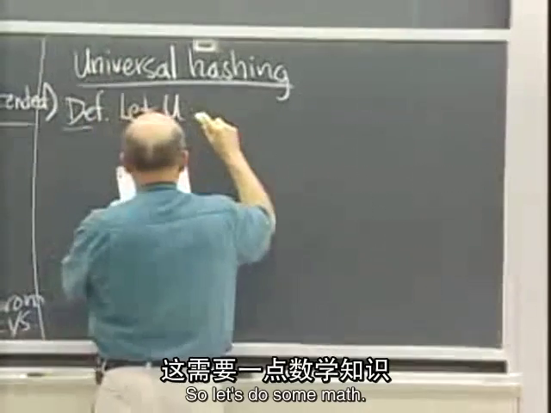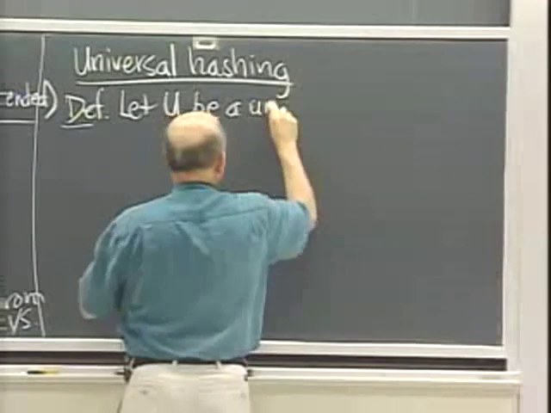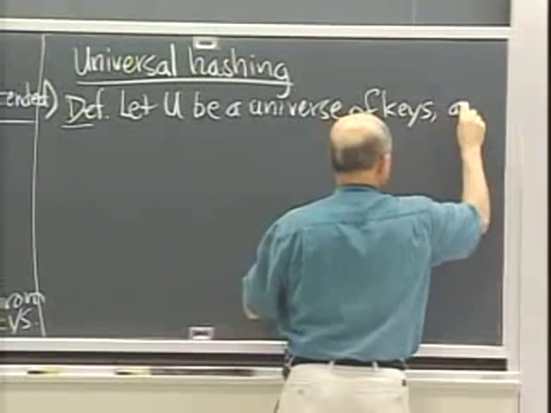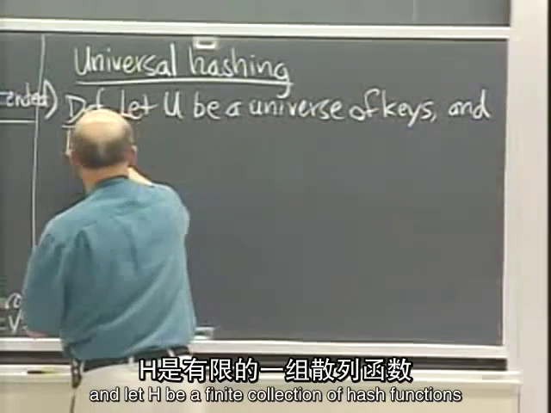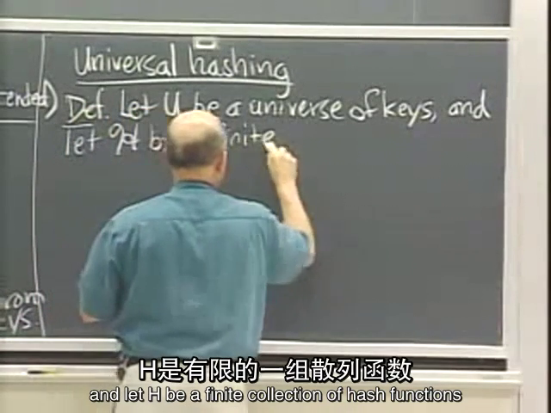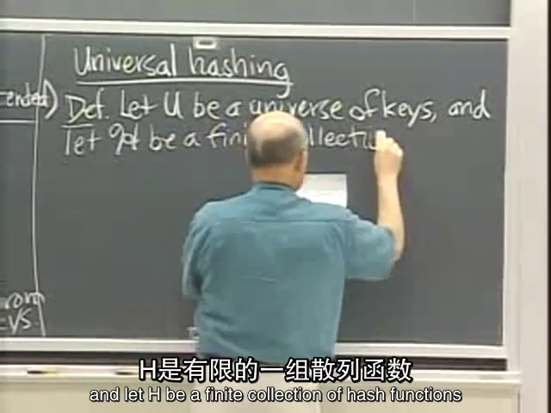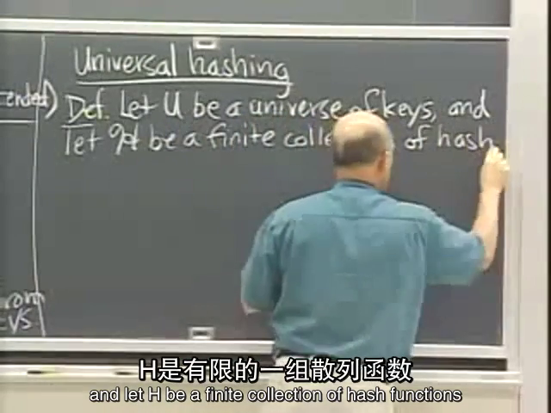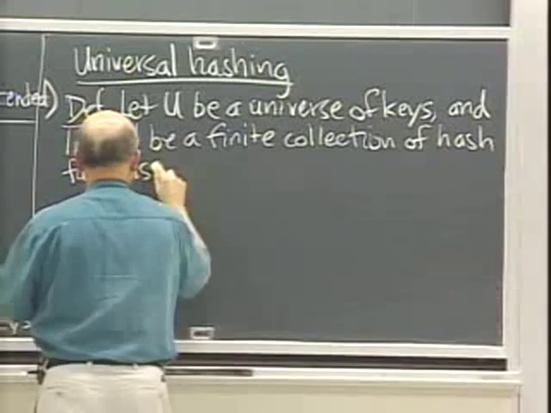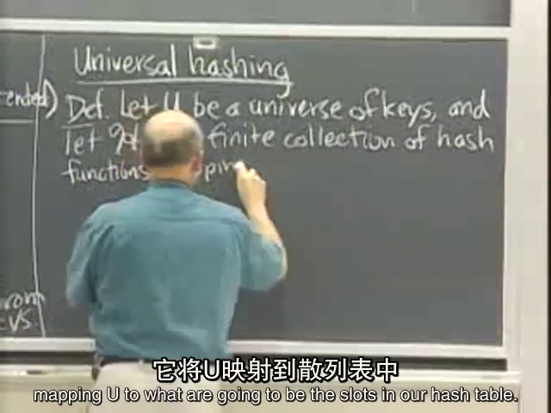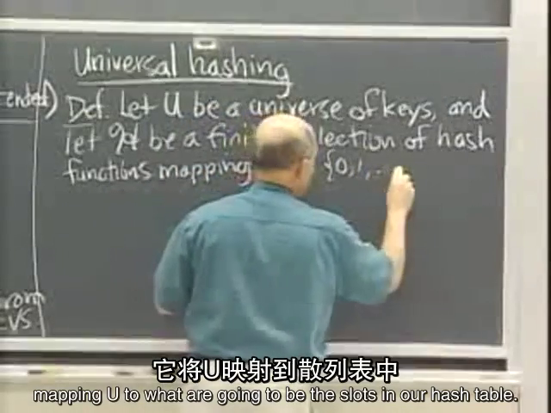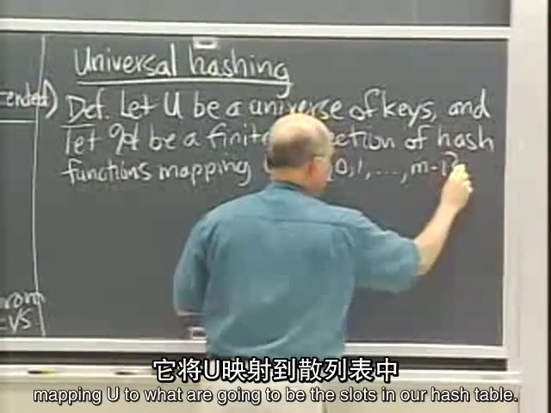So let's do some math. Let U be a universe of keys, and let H be a finite collection of hash functions mapping U to what are going to be the slots in our hash table.